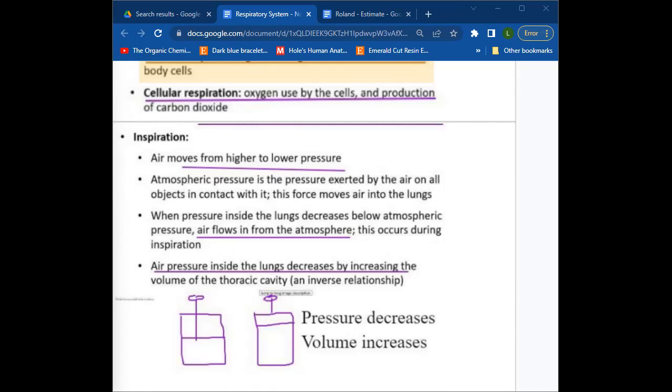And we also need to know that pressure and volume are always going to be opposites. So whenever volume goes up, pressure goes down. And whenever volume goes down, pressure goes up.